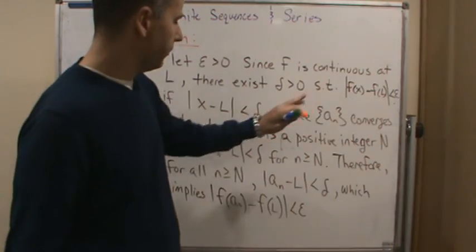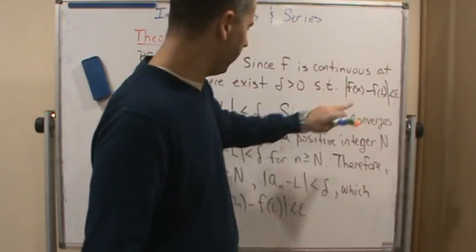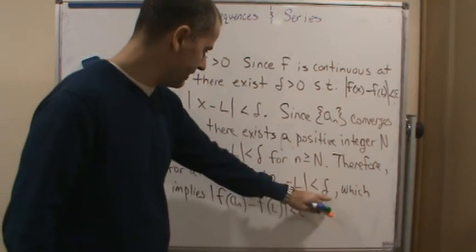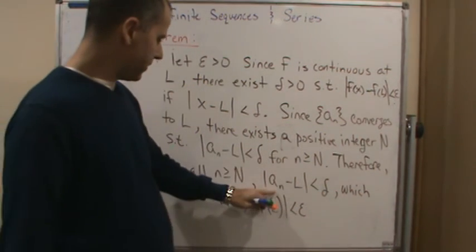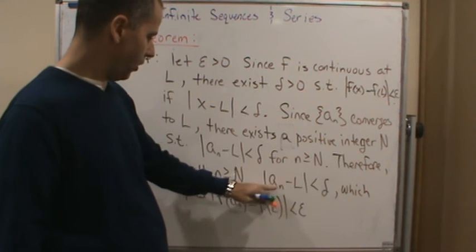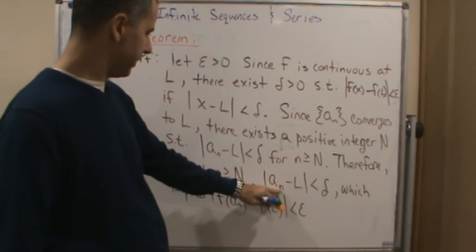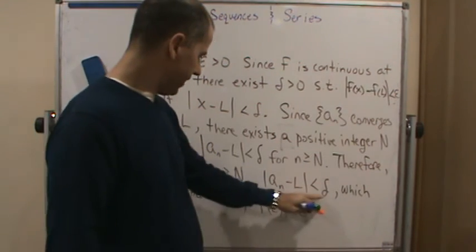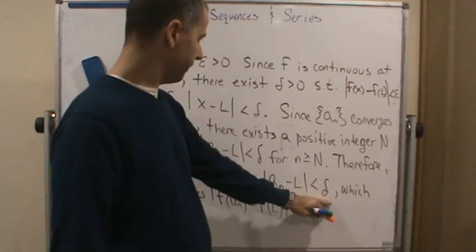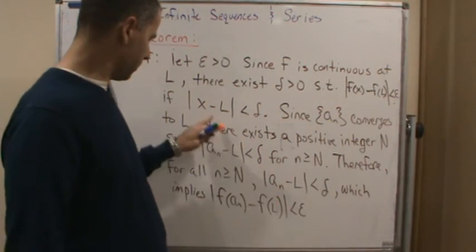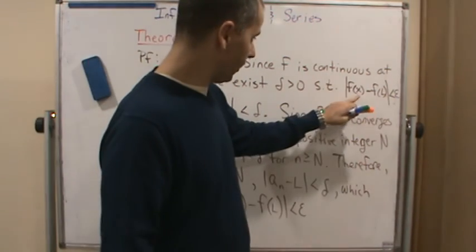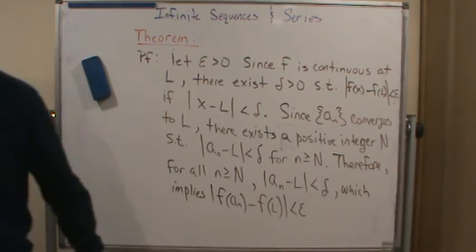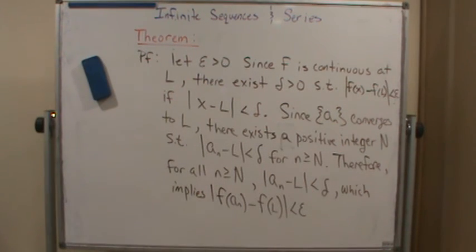Because we know from here that if this is less than delta, and a sub n is just a subset of x, then this, which can be plugged in here, can also be plugged in here, so this must be less than epsilon. And what does that mean?